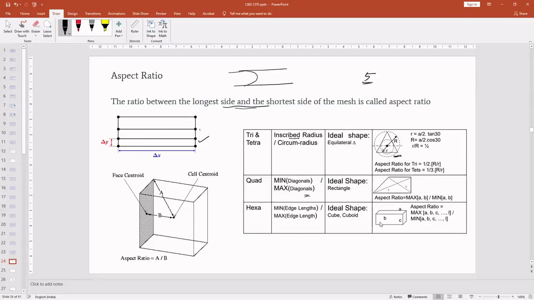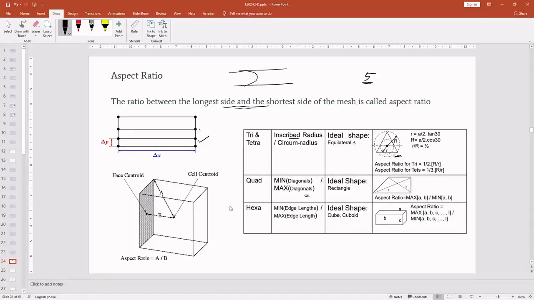That's for quadrilateral cells. Then hexahedral type. The hexahedral type element is like a brick-shaped, rectangular prism-shaped thing. There, the aspect ratio is taken as the maximum of the side lengths by the minimum of side lengths.